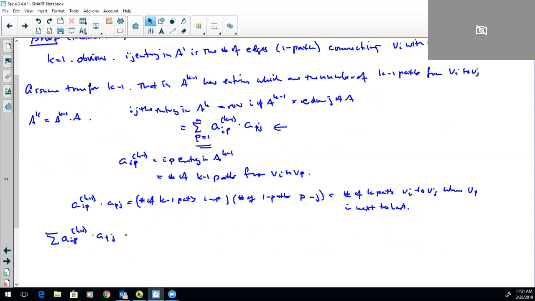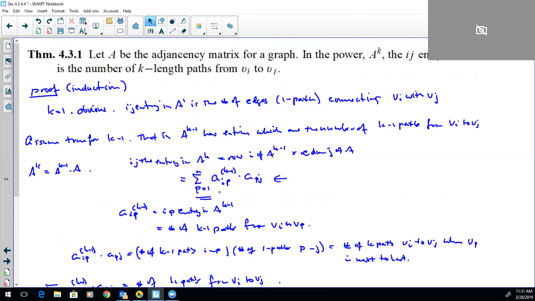And this equals the number of k-length paths from vertex I to vertex j. So that's more or less an inductive proof here.